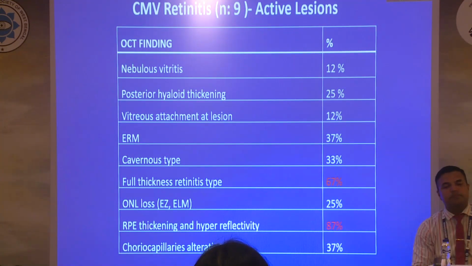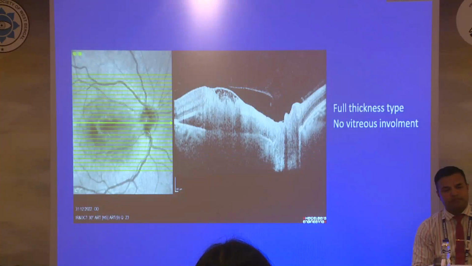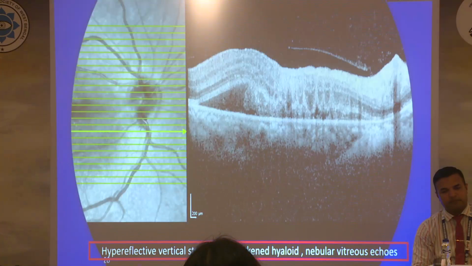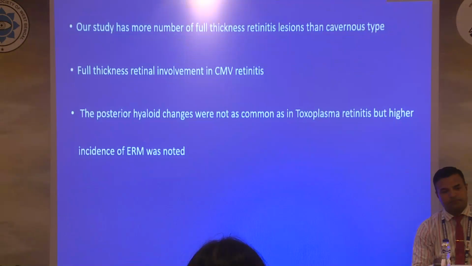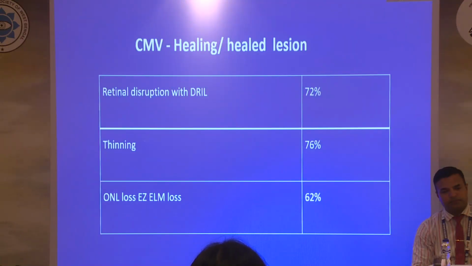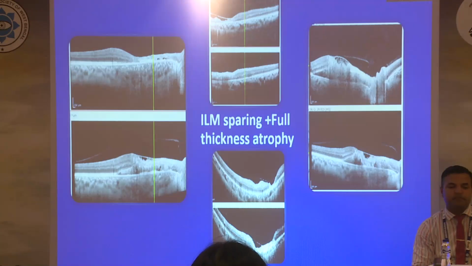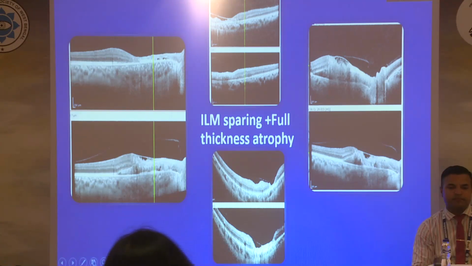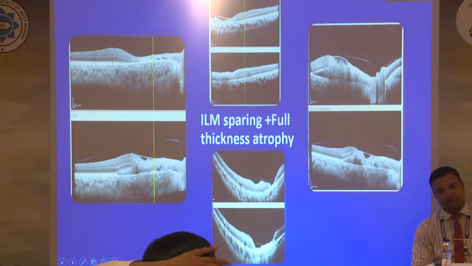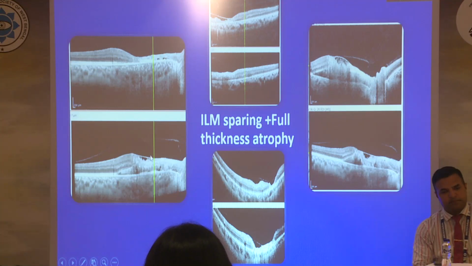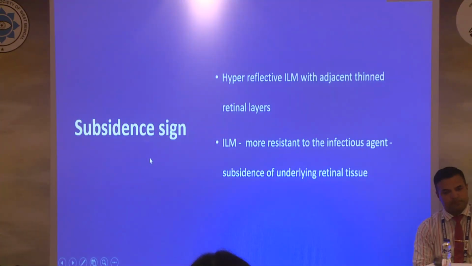In CMV, our cases were more of full thickness involvement than the cavernous type. RPE hyperplasia was seen and there was little vitreous involvement. This is a full thickness case, and this is another case of CMV retinitis with vertical stripes in the outer nuclear layer. In healing cases, we could see there was thinning of retina with a resistant ILM, and there was a loss of retinal layers involving full thickness.